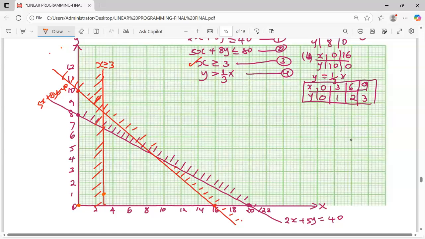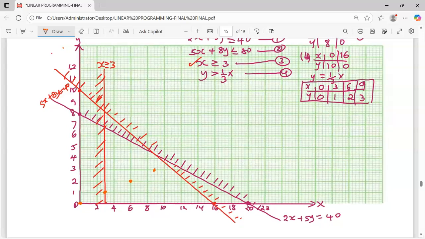When it is 6, it is 2 here. When it is 9, it is 3 at this point here. So from here, we are going again to draw a straight line joining the points that we have drawn.